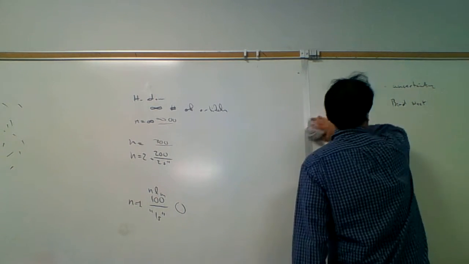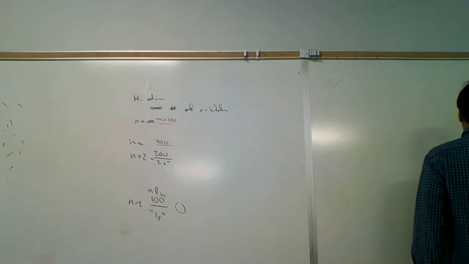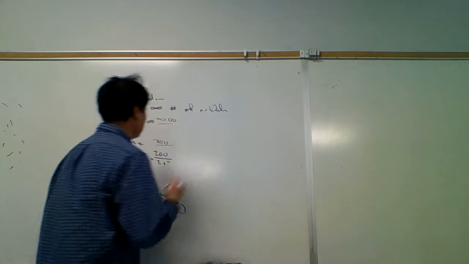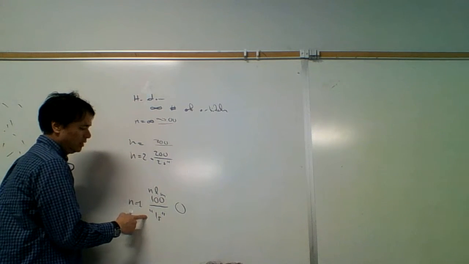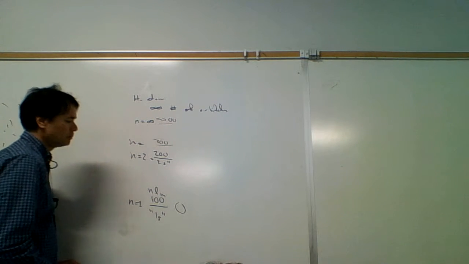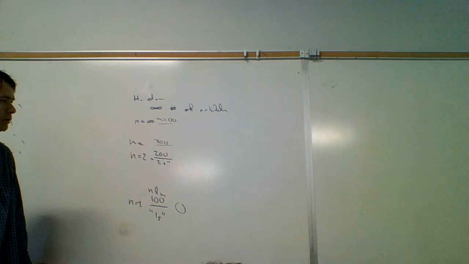The way we can generate them is that these orbitals follow a simple mathematical pattern. These numbers, N, L, M, have certain mathematical restrictions in order to solve the Schrodinger equation.